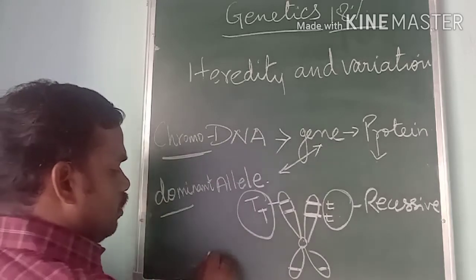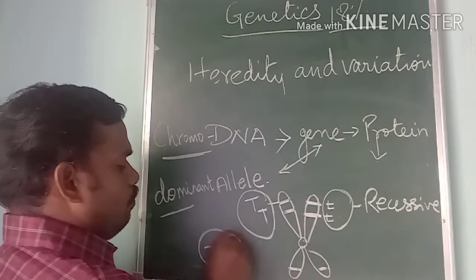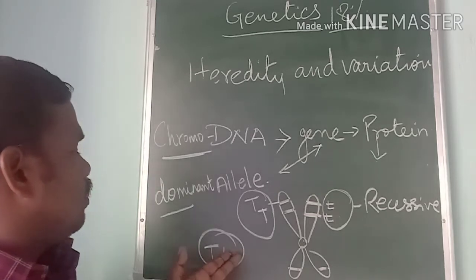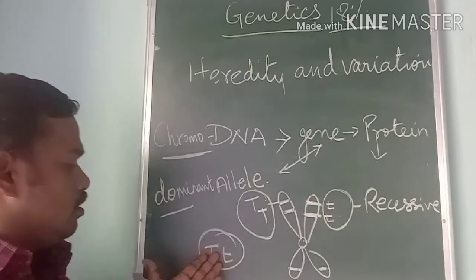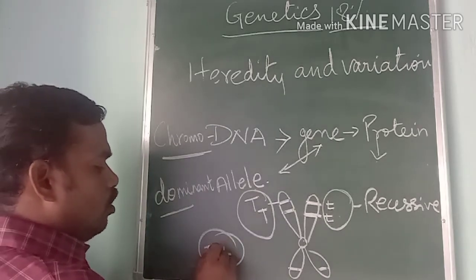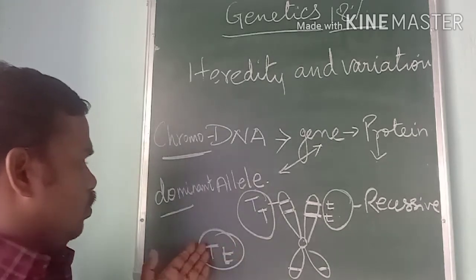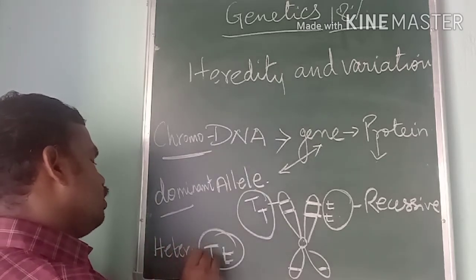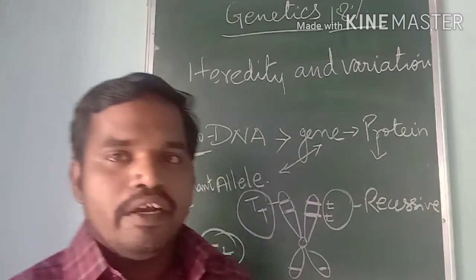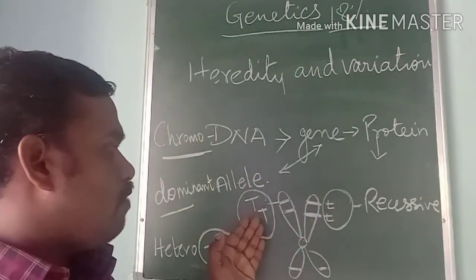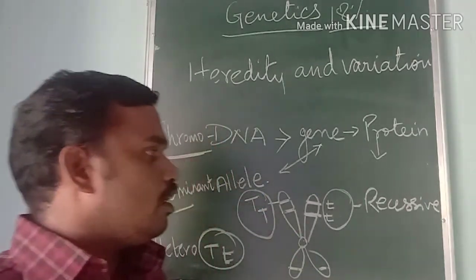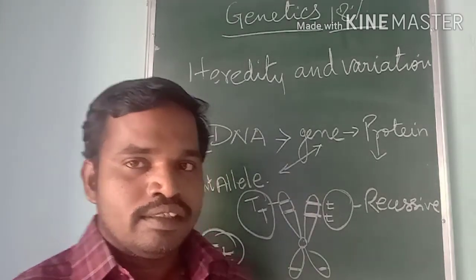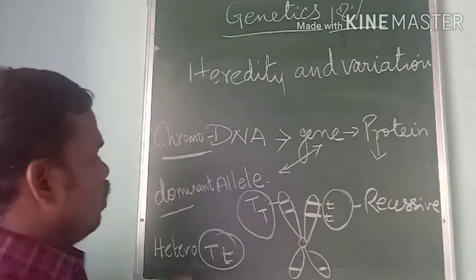In certain cases, the alleles of a particular character are in different forms. One is dominant, another one is recessive. We call this a heterozygous form. Hetero means different, homo means same. If the pair of alleles is the same, we call it homozygous alleles, and if it is different, then heterozygous alleles. Do you understand what I am saying?